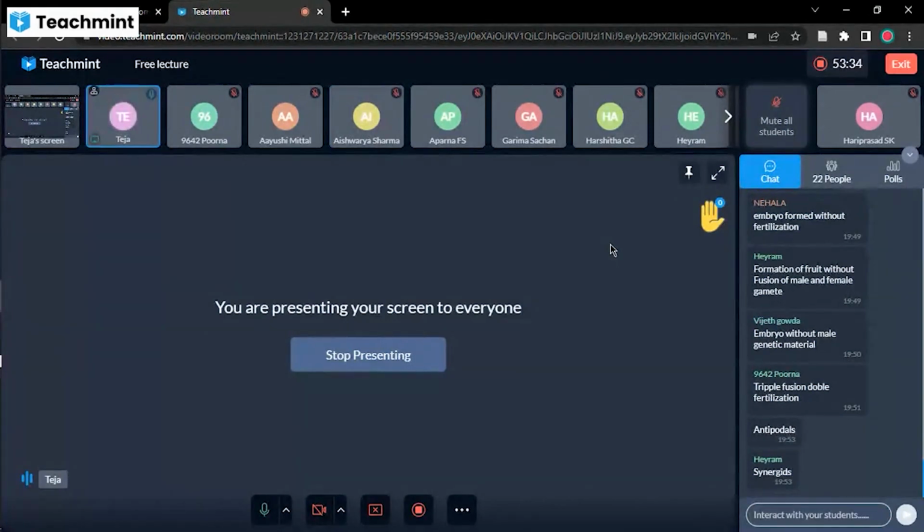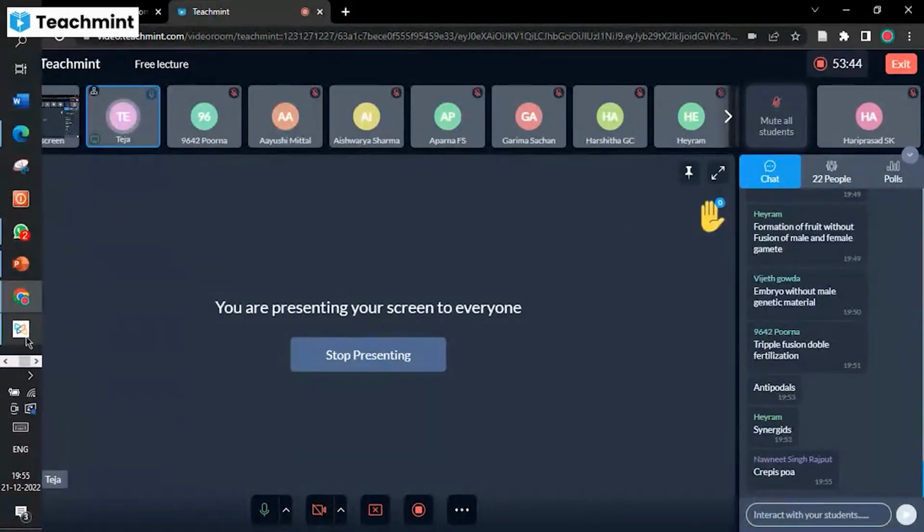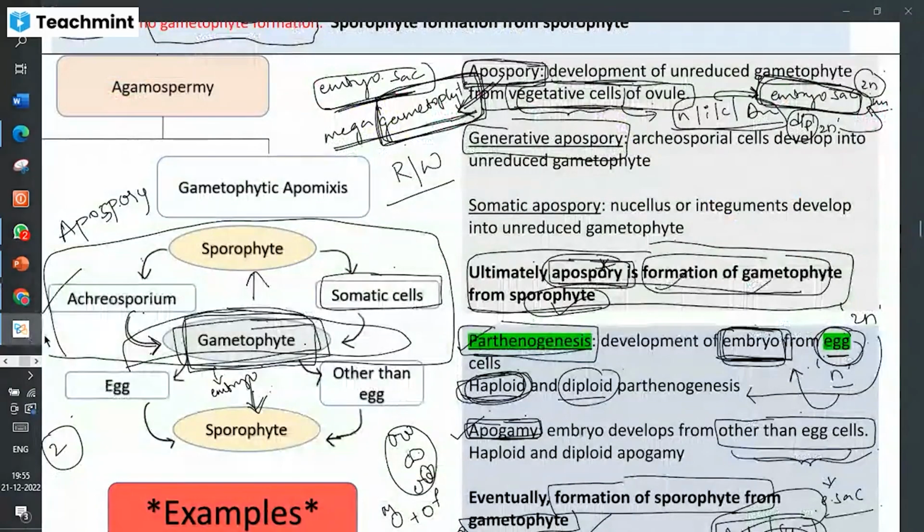There are two other examples that you need to always remember in combination: Crepis and Poa. So examples for somatic apospory are Malus, Crepis and Poa.